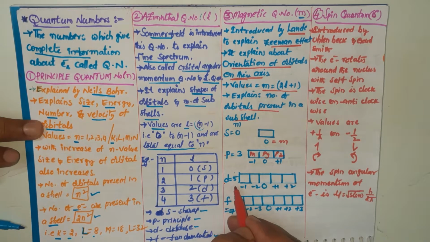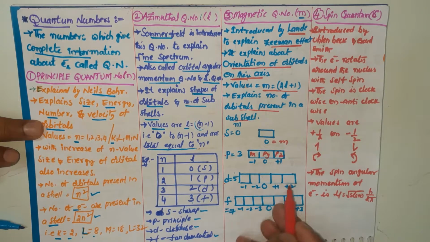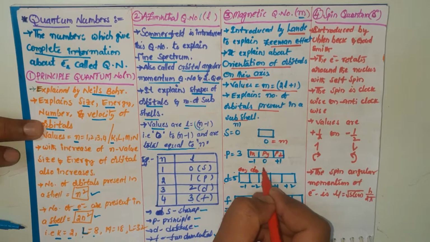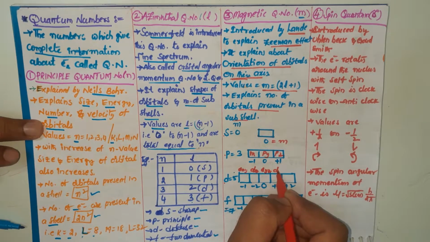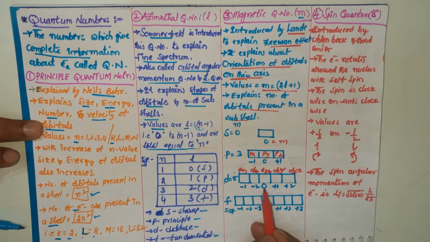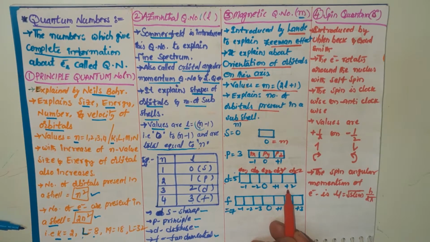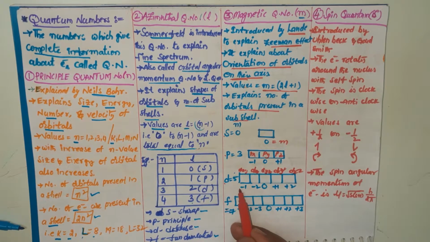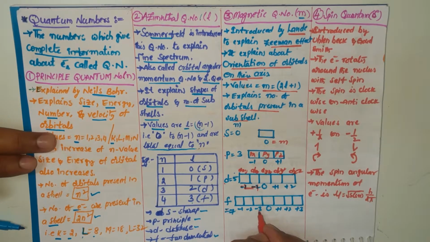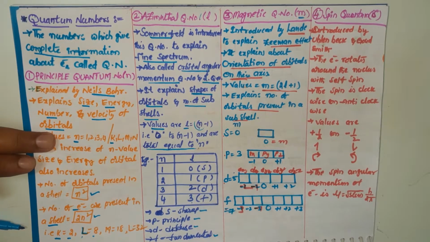Like this, d has 5 orbitals: dxy, dxz, dyz, dx square minus y square, and dz square. The middle one is 0, the right side is plus 1 and plus 2, the left side is minus 1 and minus 2.